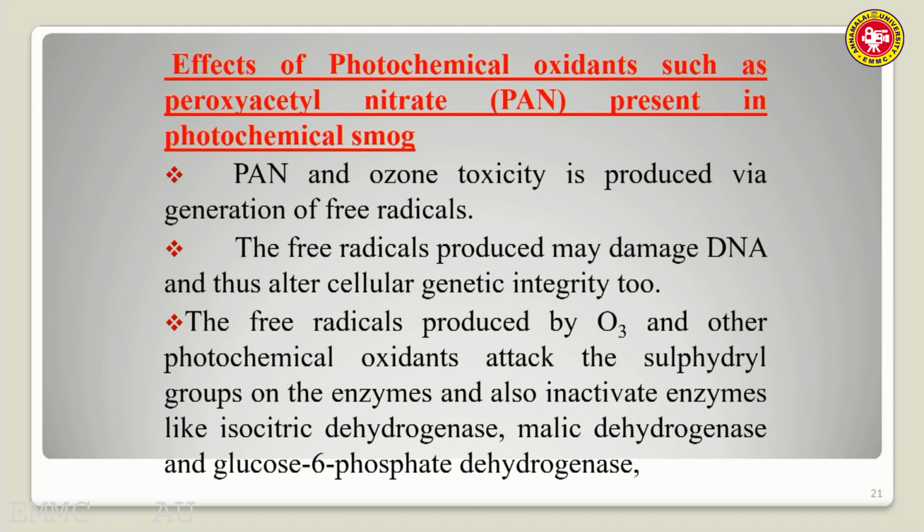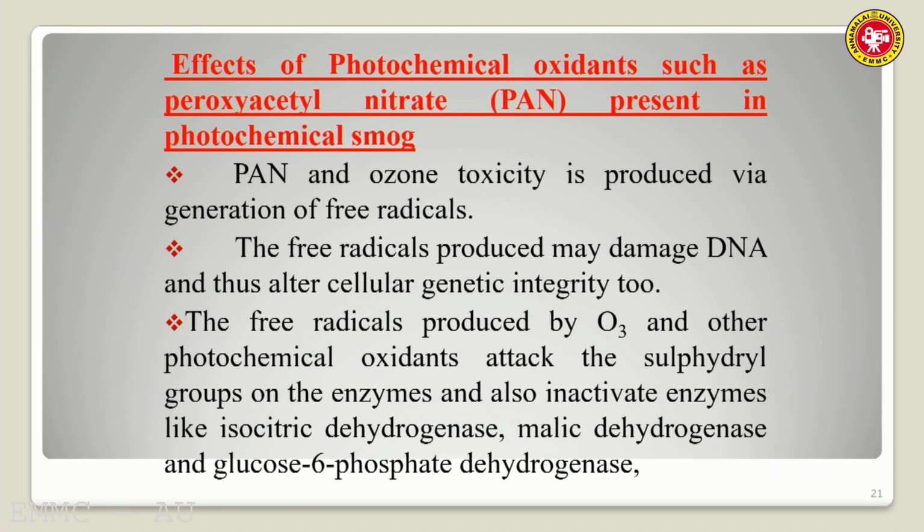Effects of photochemical oxidants such as peroxyacetyl nitrate, PAN, present in photochemical smoke. PAN and ozone toxicity is produced by the generation of free radicals. The free radicals produced may damage DNA and thus alter cellular genetic integrity.